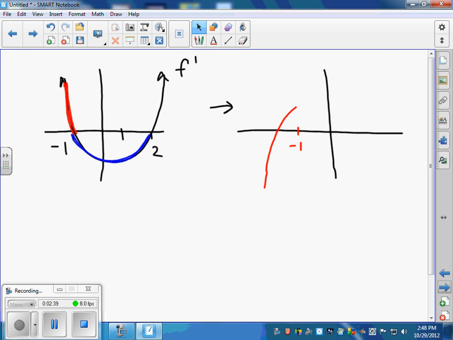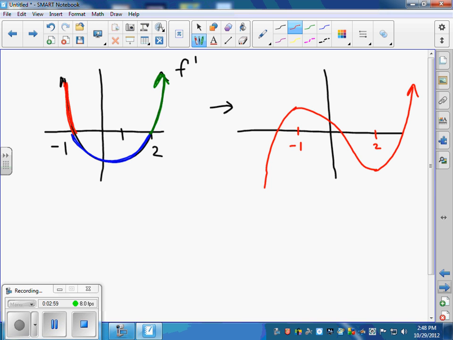So from -1 to wherever x is 2, we're decreasing. And over here at x is 2, we go back to positive for our derivative, which means our function would then have to switch to being increasing. And there you can see that that looks like a cubic.